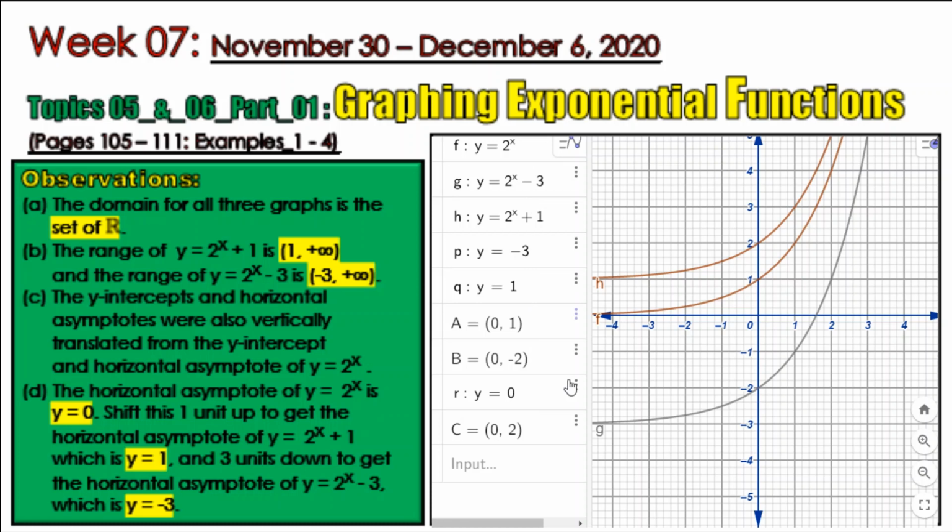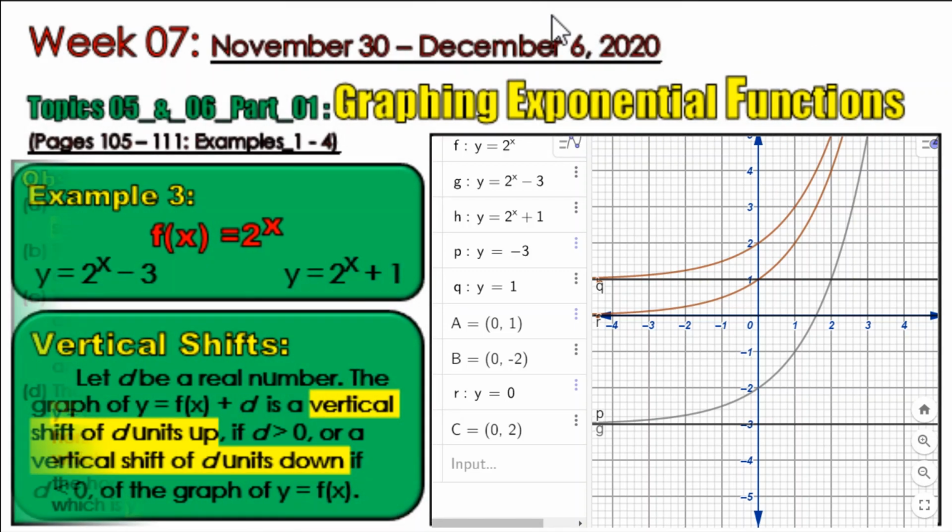So we have y is equal to 1, y is equal to 0, and y is equal to negative 3. It's just shifting upward or downward. Let us continue.